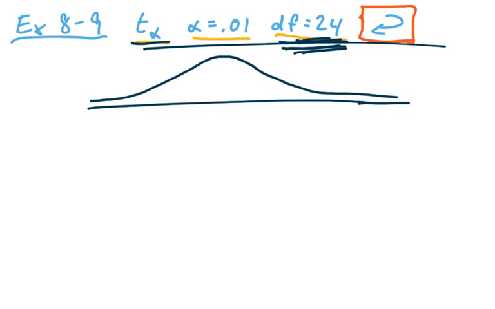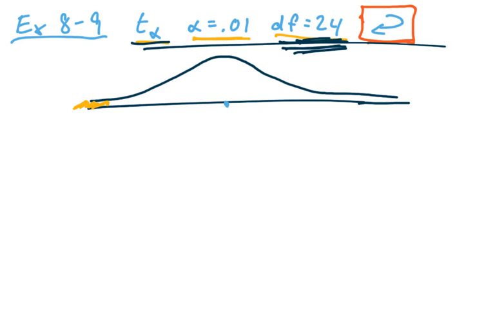So anyway, we're going to look up the critical t value, but before we look it up, let's get an idea of what it is that we're looking up. First of all, alpha is smaller, so this area underneath the curve is smaller. In order for that to happen, we're going to have to be further away from the mean.